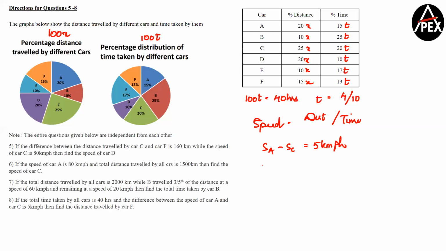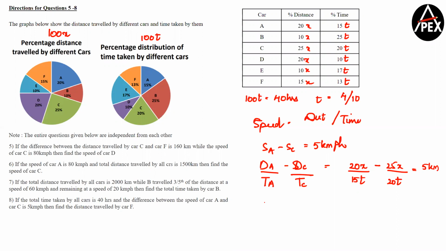So speed of car A will be distance traveled by car A by time taken by car A minus distance traveled by car C by time taken by car C. Let us take the distance of A as 20x. So 20x by 15t minus, distance traveled by car C is 25x, 25x by 20t. Now it is given that this is 5 kmph.